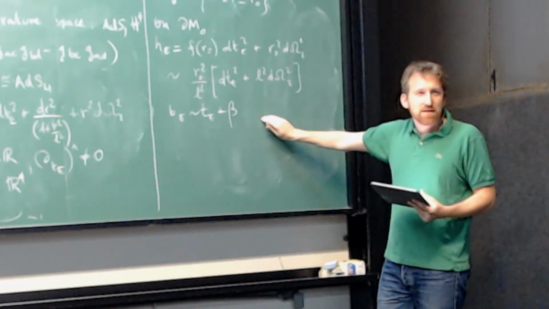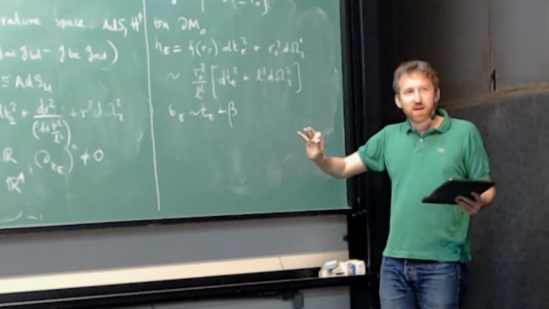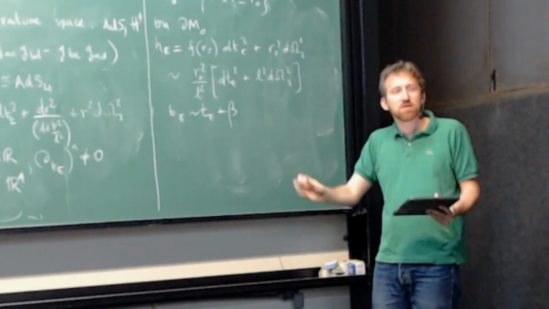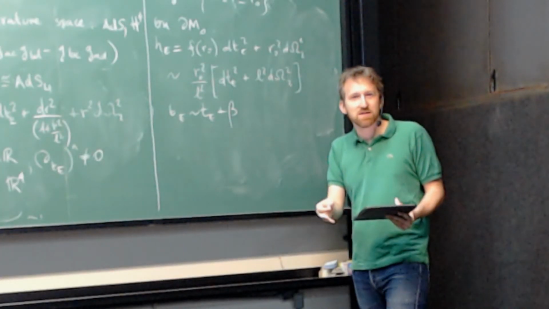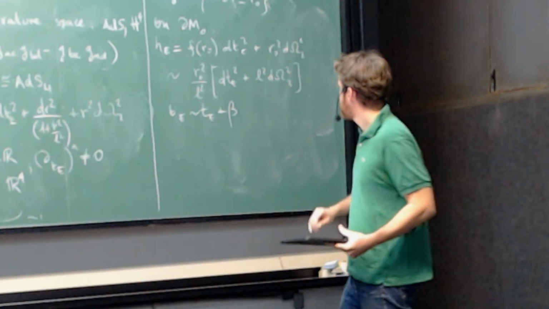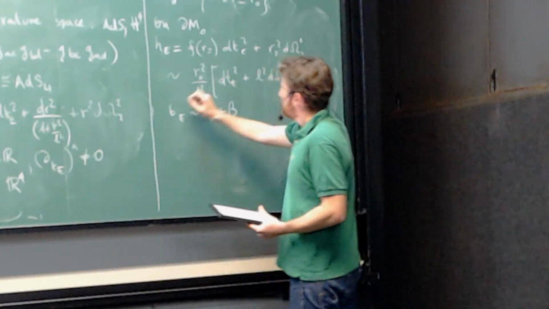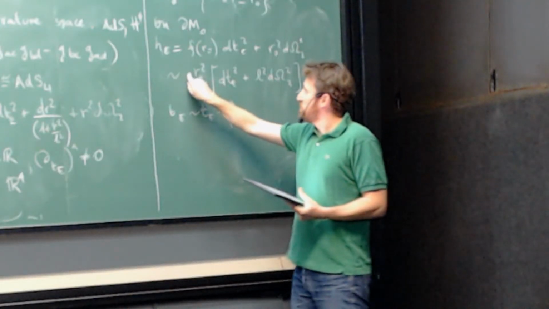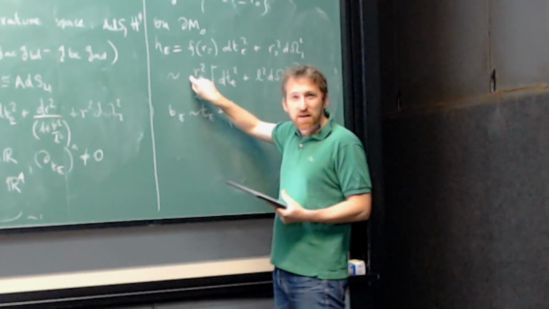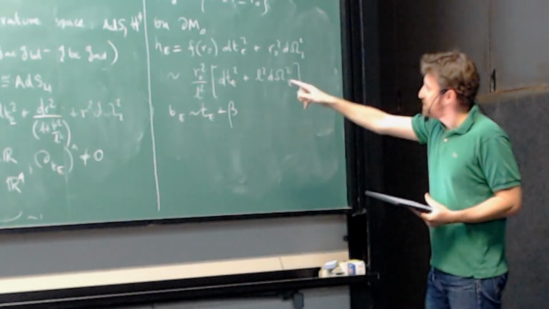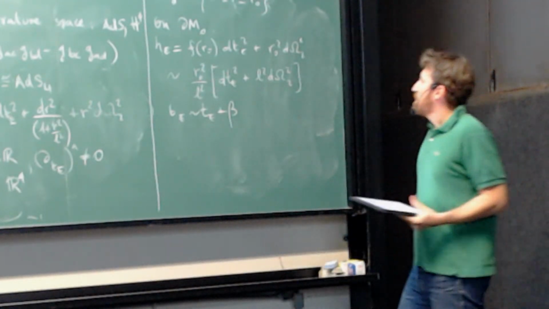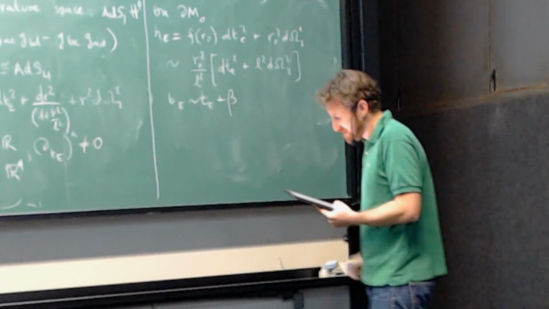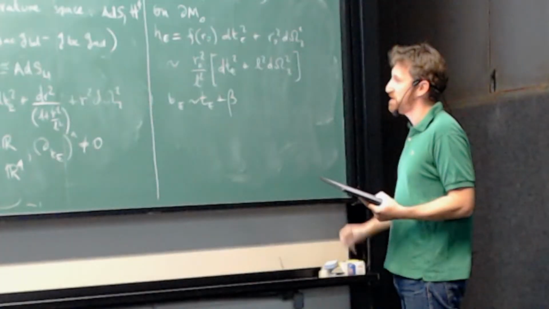Notice that this beta is unspecified by the geometry. There is no need to fix a particular beta by requiring some smoothness or something else, which will be the case in a second. So if I do this, then I have something that has a boundary S1 times S2. You should protest because this is not a real boundary, because at R0 it diverges in length, but it's something that is called a conformal boundary. But for the purposes of this computation, it still works.